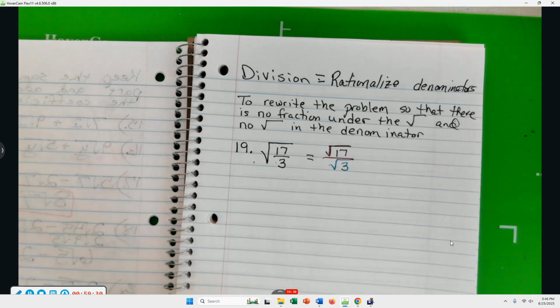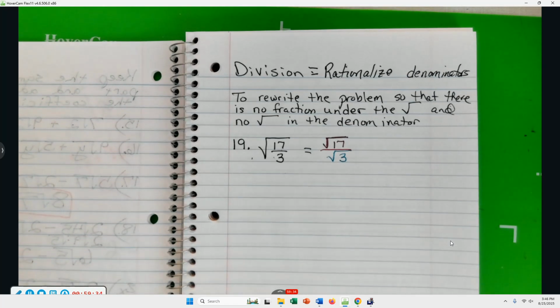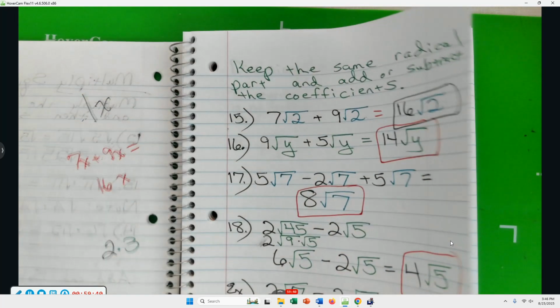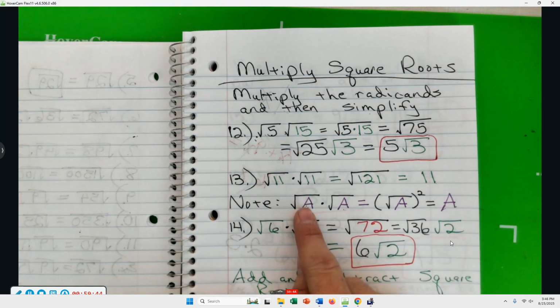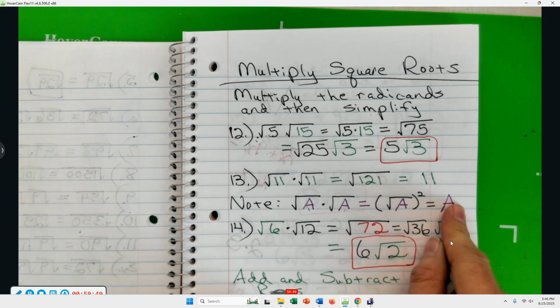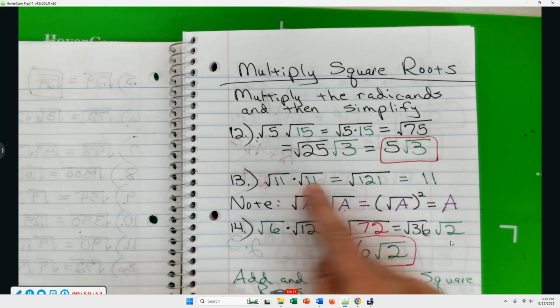Now I'm going to go back to something we did earlier, something we said we'll use the rest of the semester. I wrote out a little rule involving a square root of A somewhere. If you take a square root and multiply it by itself, you just get what's under the square root. Like the square root of 11 times the square root of 11 is just 11.